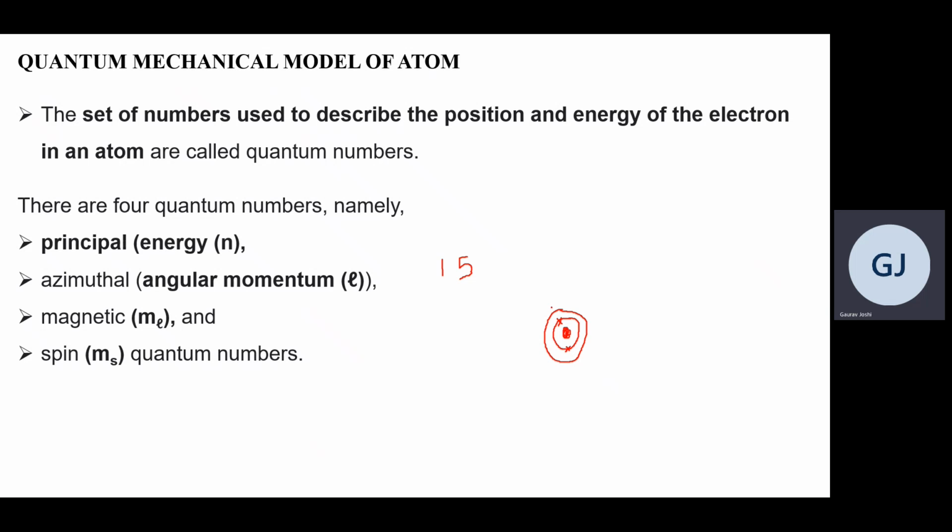Now the second cell can occupy a maximum of 8 electrons, so I'll make 8 electrons. So 8 plus 2 is 10.